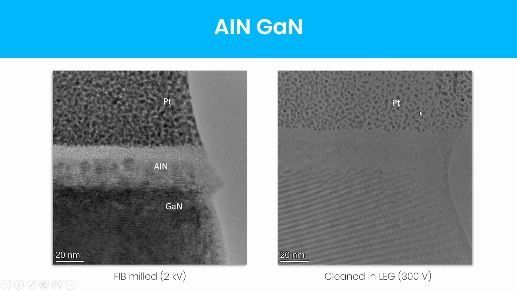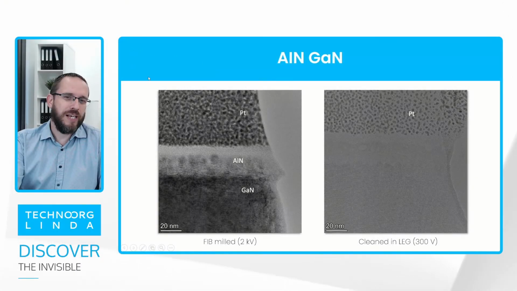The size of the platinum particles here, if you compare it to the micron bar, which is 20 nanometers, you can estimate the size of the platinum particles to be like 5-10 nanometers, and they are not overlapping.